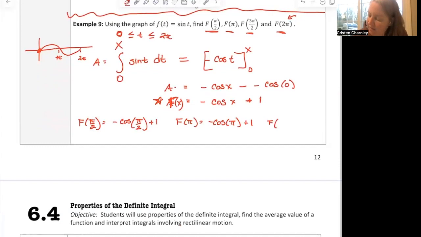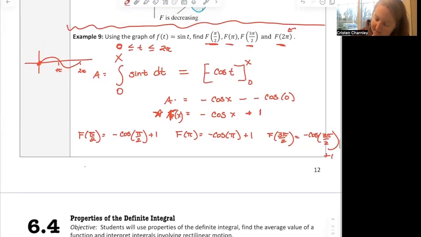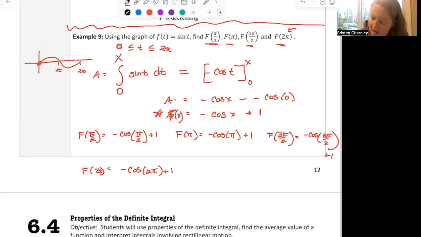And f of 3 pi over 2 is negative cosine of 3 pi over 2 plus 1. And finally, f of 2 pi is negative cosine of 2 pi plus 1. So altogether, let's go through and figure out what these are. That's a lot of red. It's looking a little aggressive.